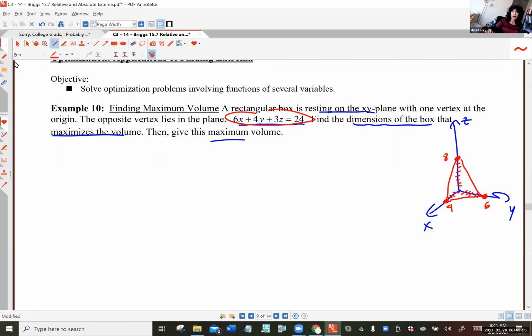But the box that we want, I didn't draw the box yet. I'm going to in a minute. The box is behind this plane I just drew. So it's lying flat here with this one vertex in the plane. This vertex right here is in the red plane there.